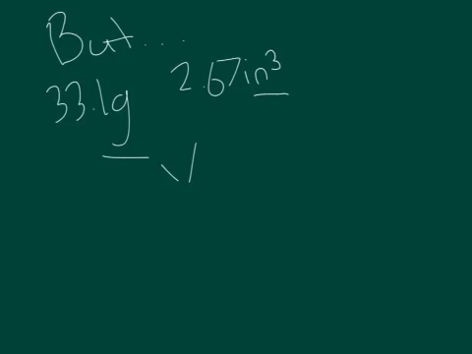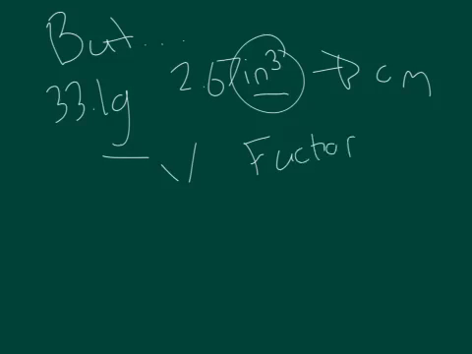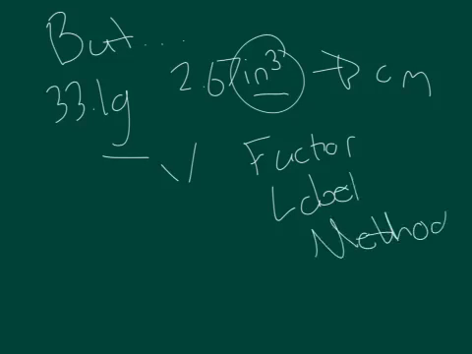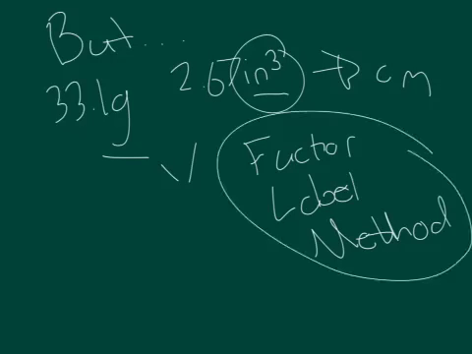So what we're going to do today is Hulk is going to change inches into centimeters by using the factor label method. Now, as you can see, Hulk does not have very good handwriting, but that's okay.